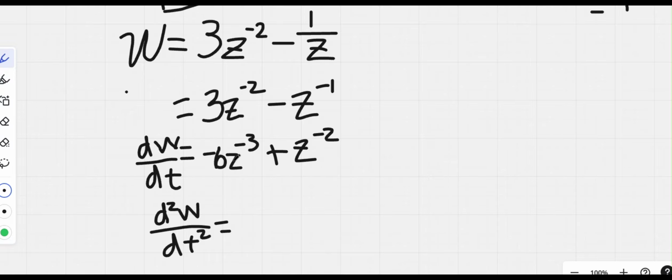So now it's going to be negative 3 times negative 6, which is positive 18z to the negative 4 minus 2z. I like to put a line here.